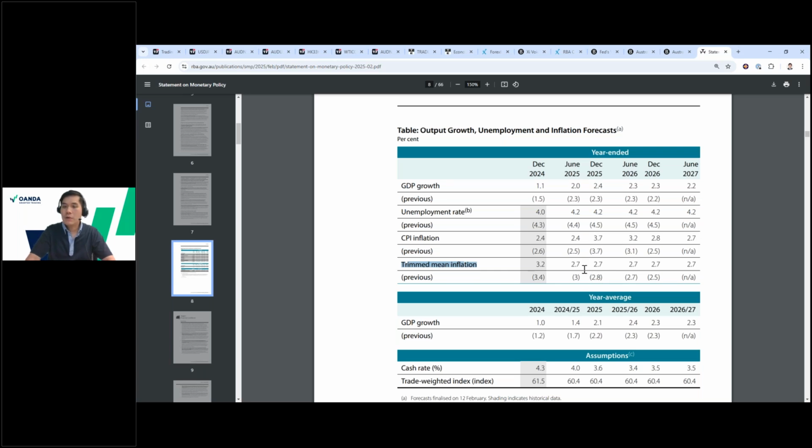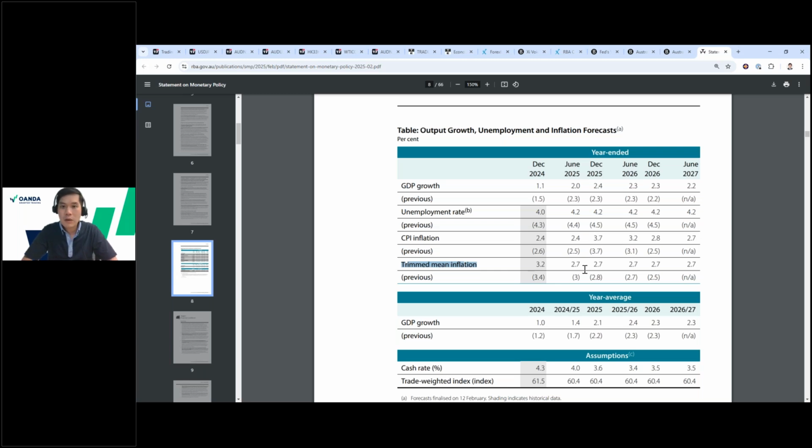So what it means is that the RBA as a whole does not expect inflation to re-accelerate. That is a bit of a contrast with the just-concluded press conference by the RBA governor, who sounded much more hawkish than what is implied by the latest trimmed mean inflation forecast as depicted here.